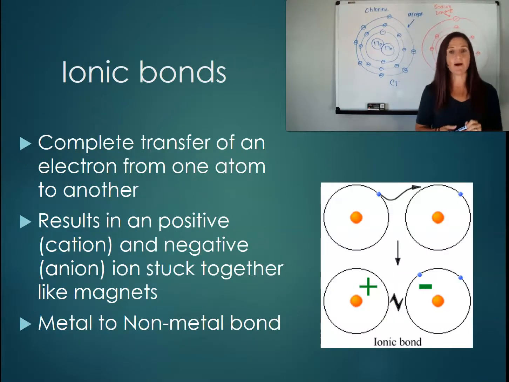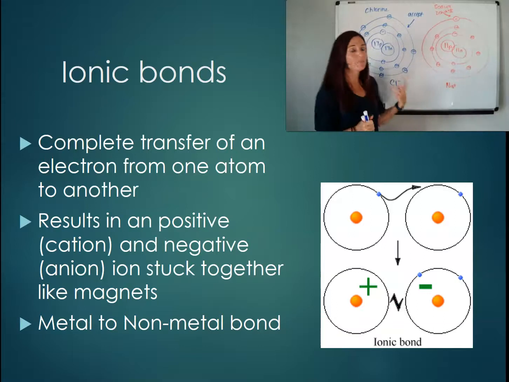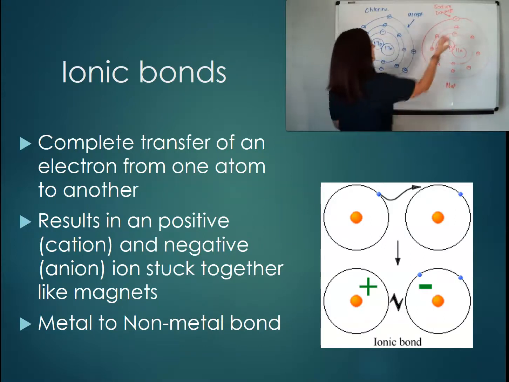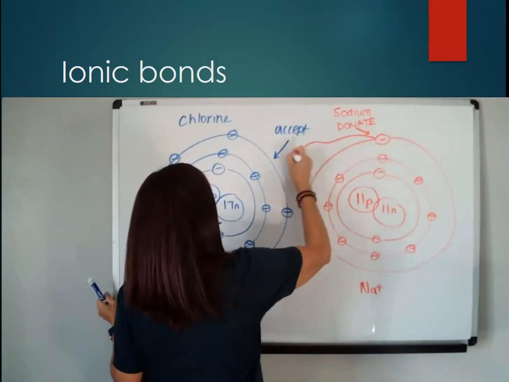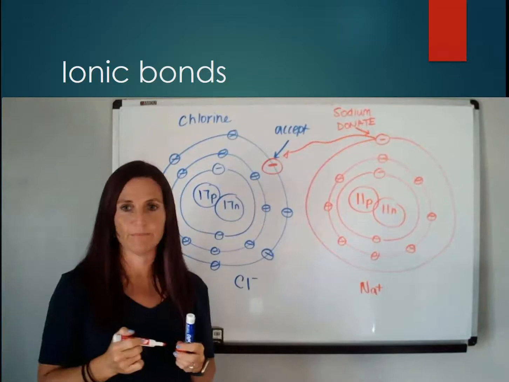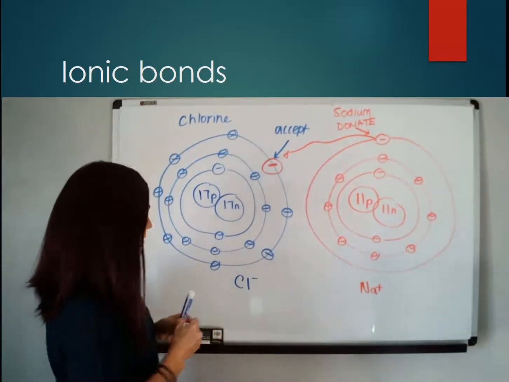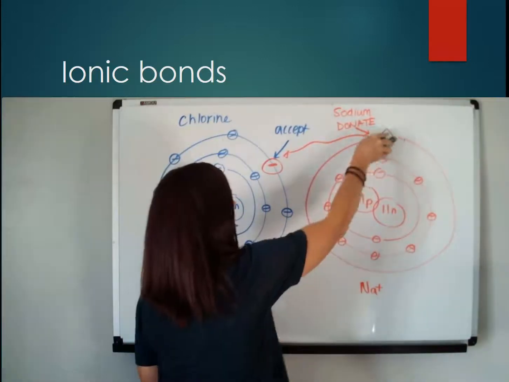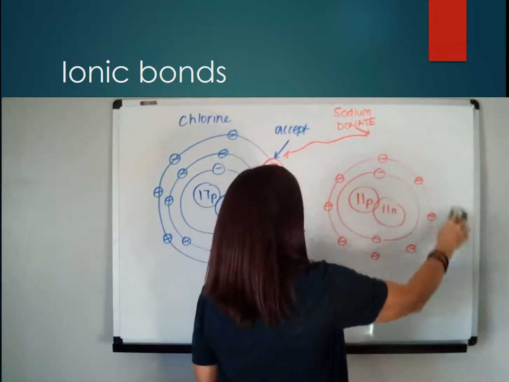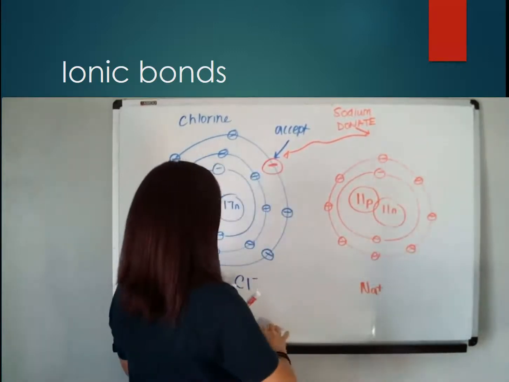So an ionic bond requires a complete transfer of this electron over to a new atom, making one atom that gets rid of this whole row, and it makes this sodium positive.